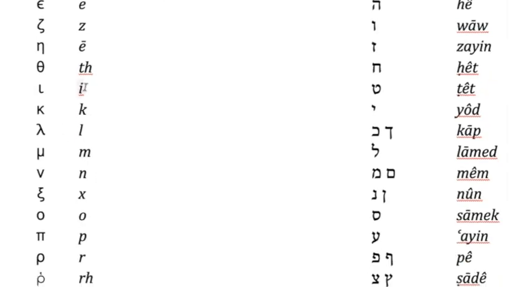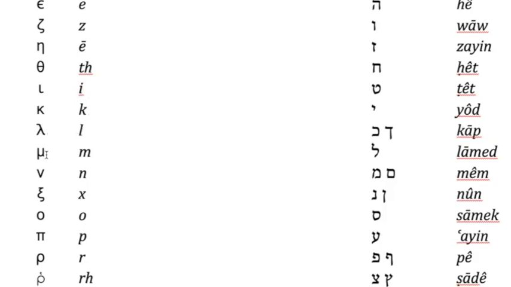Then the iota looks like an I without the dot on top. The kappa looks like a K, but it doesn't go up tall. It's just short. Lambda, it's a little different than the L, but it eventually evolved into an L. But it's an L sound.